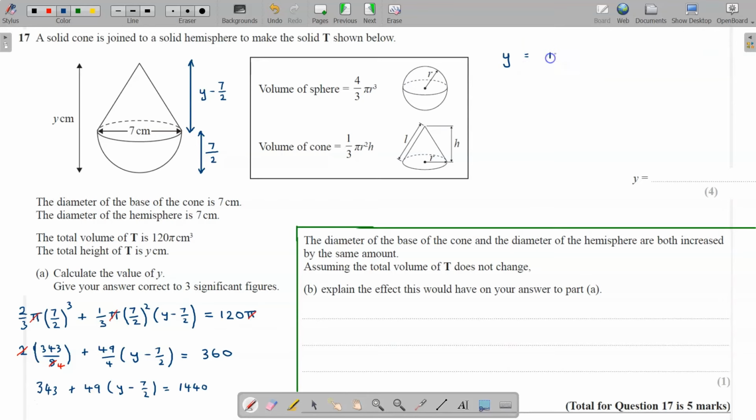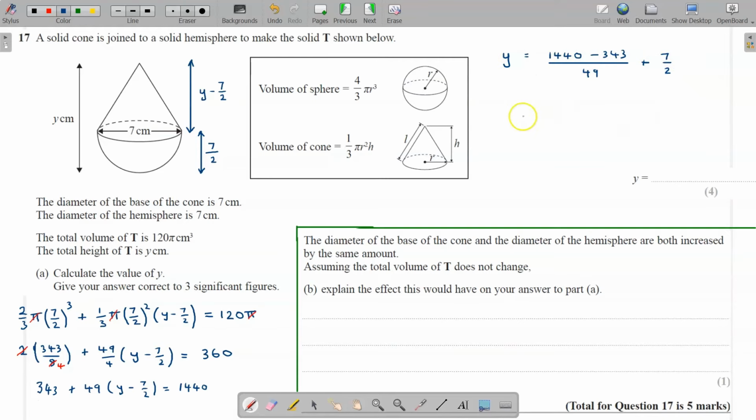I'm doing quite a lot in one go here, so be careful with this. I'm going to take away the 343, divide the whole thing by 49, and there's one more thing I need to do, which is to add the 7/2 to that, because it was y minus 7/2, you see.